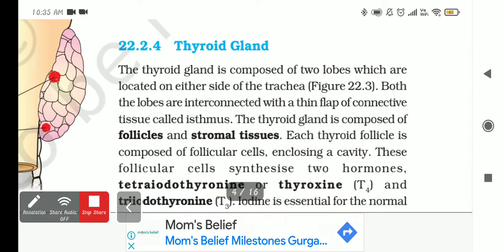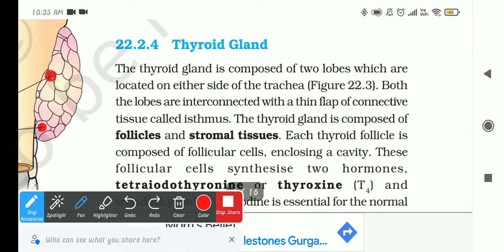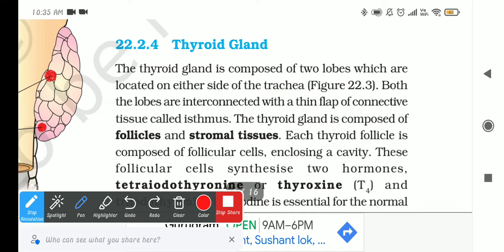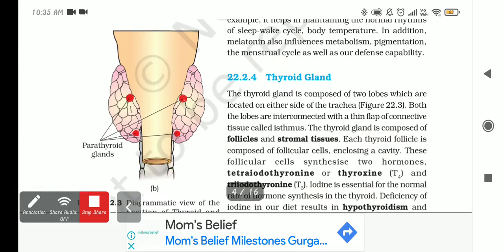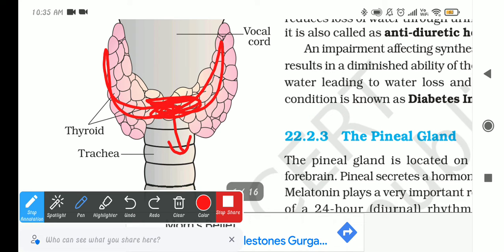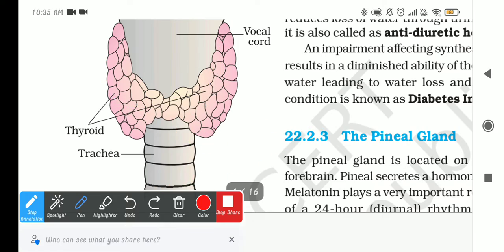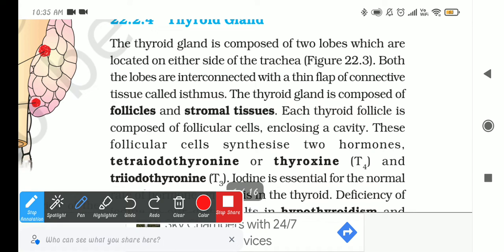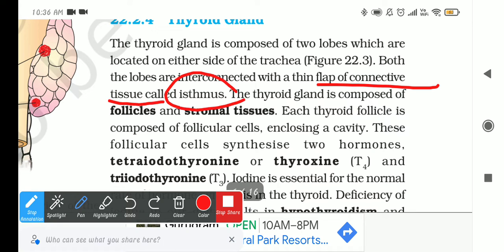So let's now begin with the thyroid gland. The thyroid gland is composed of two lobes, which are located on either side of the trachea, meaning both sides. The lobes are interconnected by a thin flap of connective tissue, which is called the isthmus.